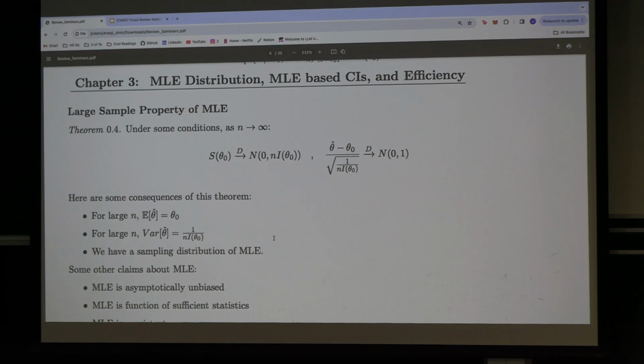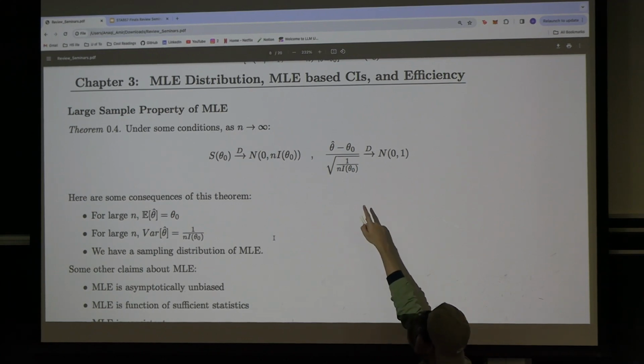Okay, so there's this large sample property of the maximum likelihood estimate that says as the number of observations in your sample increases, as n tends to infinity, the score converges in distribution to a particular normal with mean 0 and variance n times the Fisher information. And you also have this.